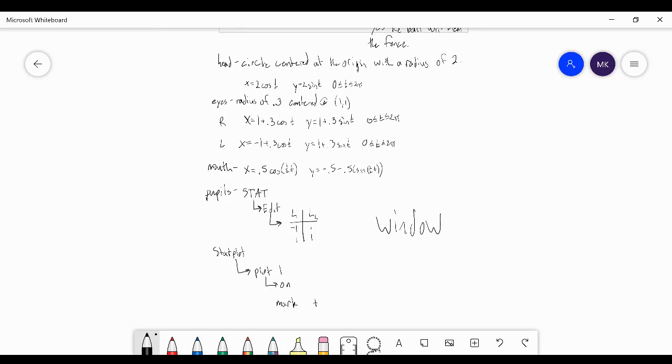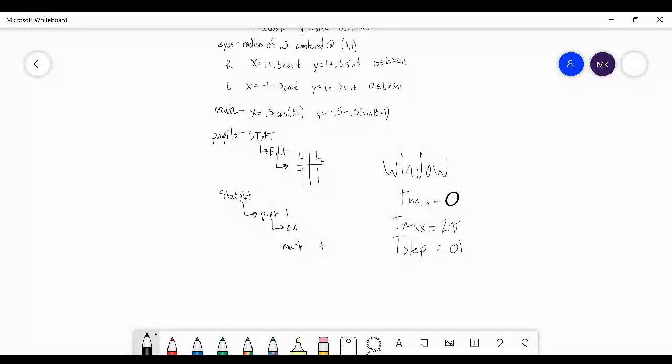What we want to do for our window is kind of up to you. But the easiest way to do this is to take our t values. So our t min needs to be 0. T max is 2 pi. And let's take our t step and let's do that as 0.01. Let's really get all of these points in here.